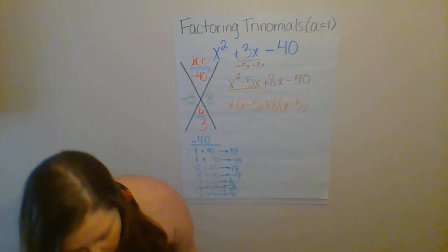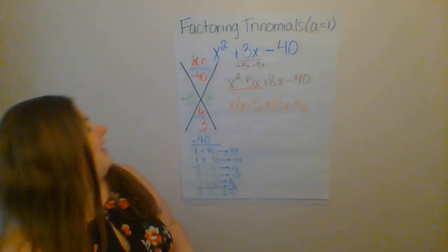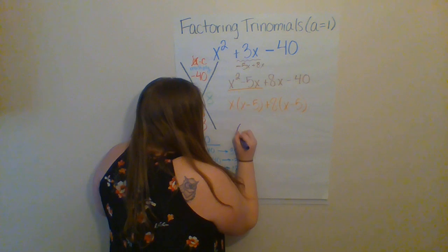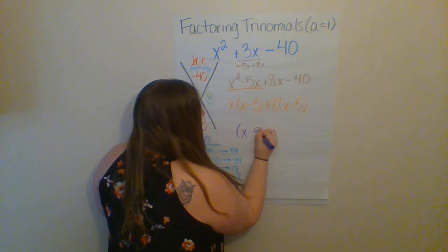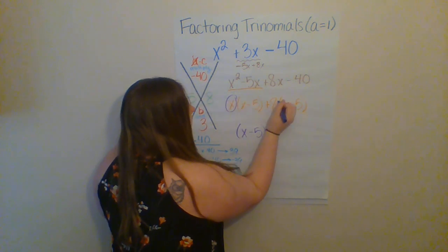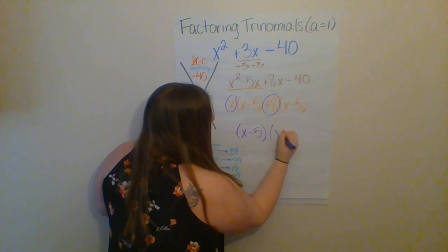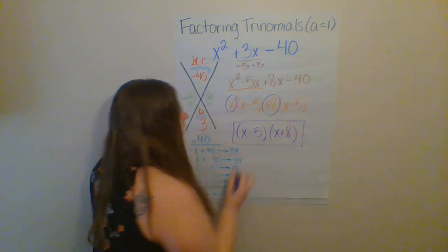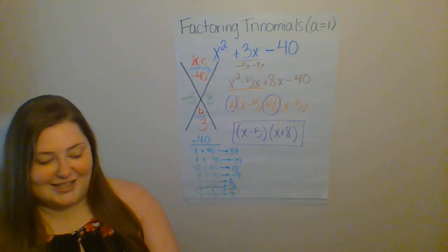I'm going to use another color so you can see it better. So now that x minus 5 is common, so that's what comes in front. And then we have x plus 8 left over, so that goes in our second set of parentheses. And that is our answer.